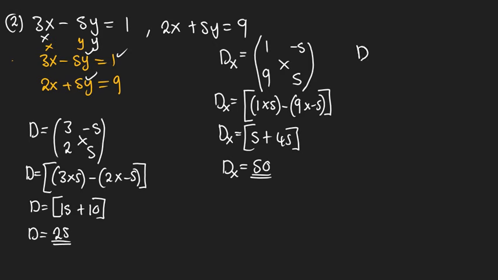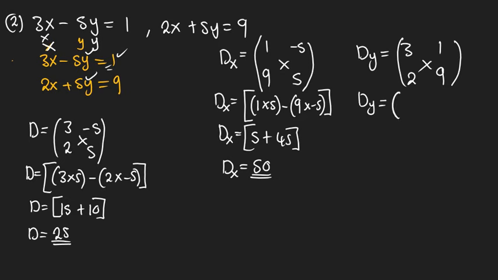Then we do dy. dy, you open the brackets. So this time I'll do the opposite. What are we getting? We're getting the x's. So this is going to be 3 and a 2. Then we get the equals and we put them where there is y. So it's going to be 1 and 9. And we find the determinant of y.